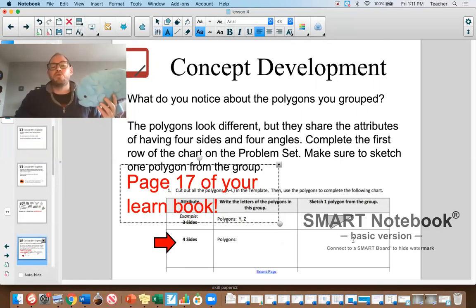And make sure to draw one of them from your group. I'm going to go back so you can see the group. Pause the video when you're looking at it and draw your polygon and write down the letters of the shapes that have the attribute of 4 sides. When you're ready, you can push play.